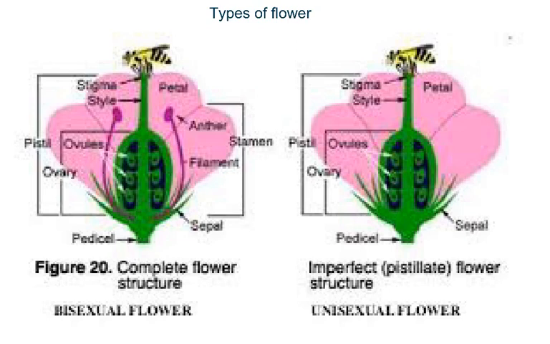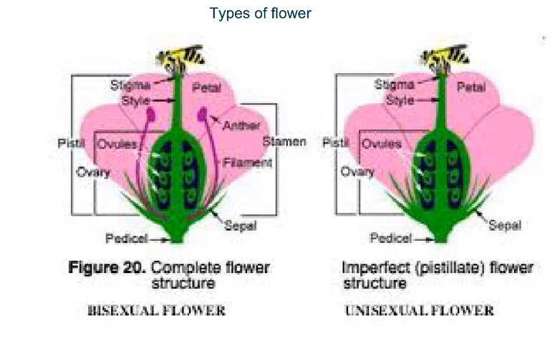Now we are going to see types of flowers. If you see this flower, this is a complete flower. Why is it a complete flower? Because this flower has all the four whorls: the corolla, the calyx, androecium, and gynoecium. So if a flower has all the four whorls, then it is called a complete flower.